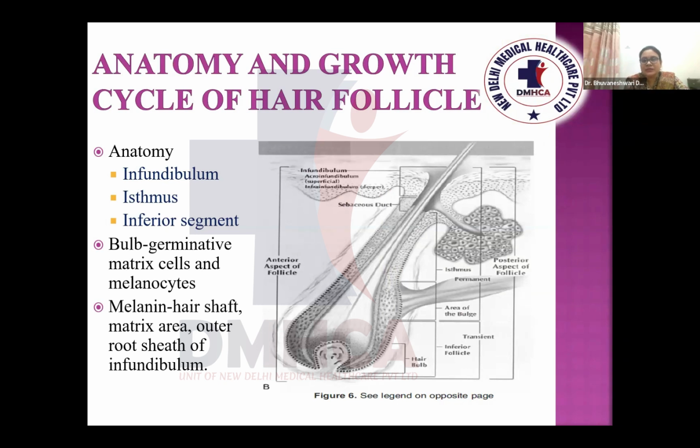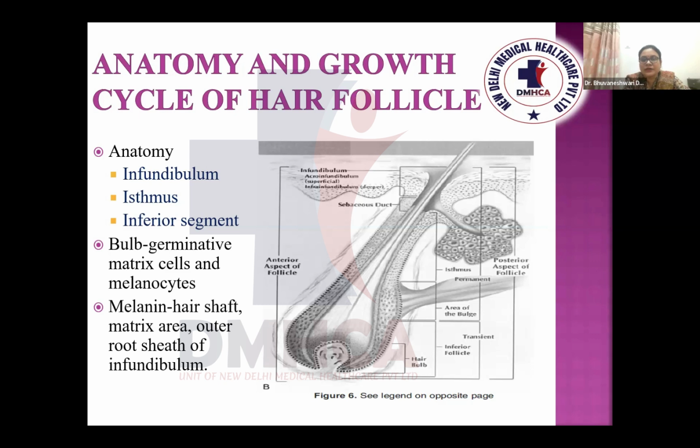The bulge is the area of the hair follicle at the site of attachment of the erector pili muscle. Melanin is present in the hair shaft, matrix area, and outer root sheath of the infundibulum. The infundibulum is the topmost layer, a funnel shaped structure from the surface of the skin to the joining of the sebaceous duct.